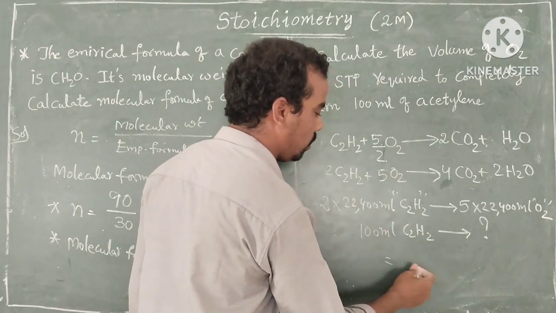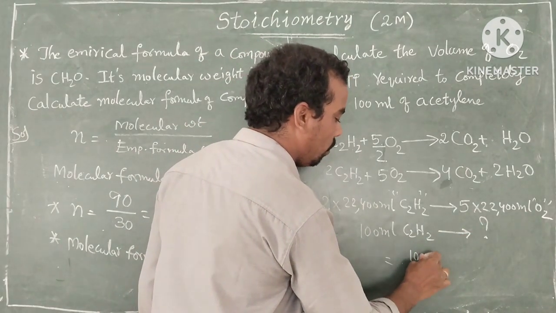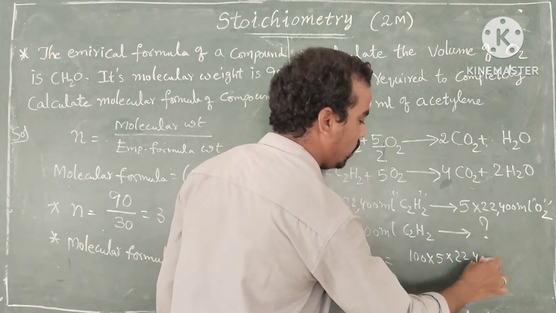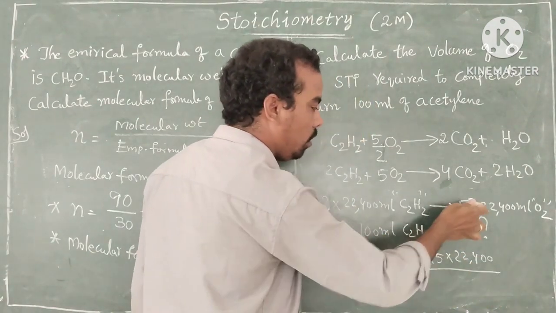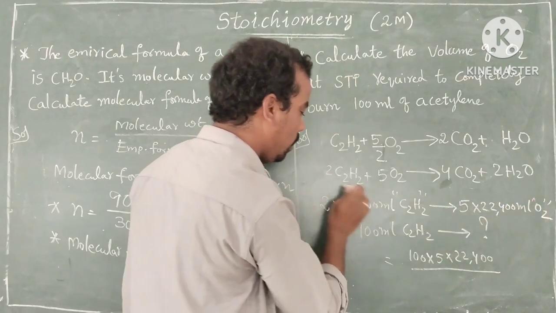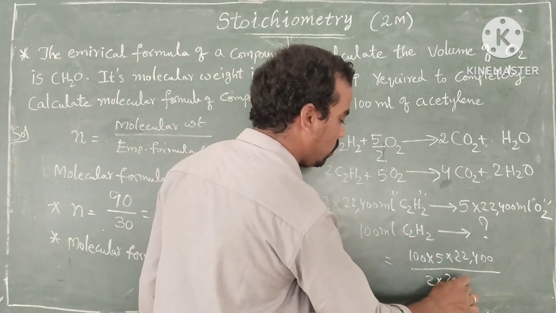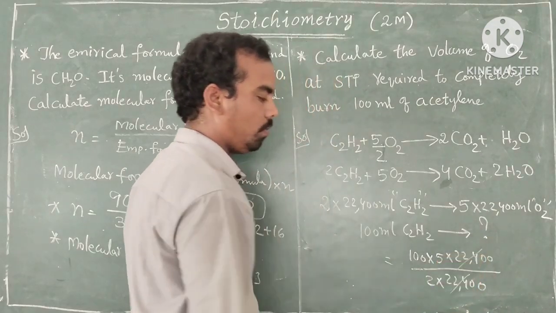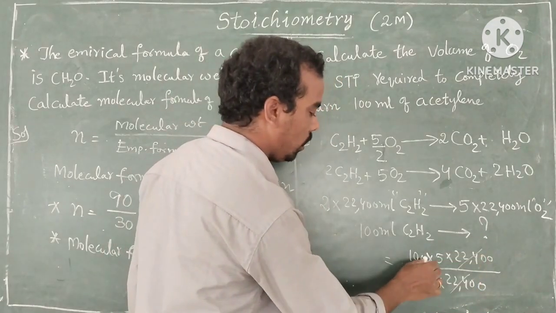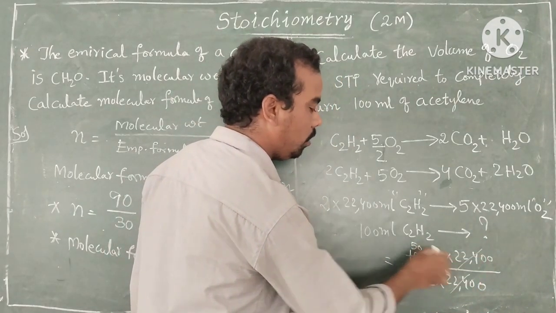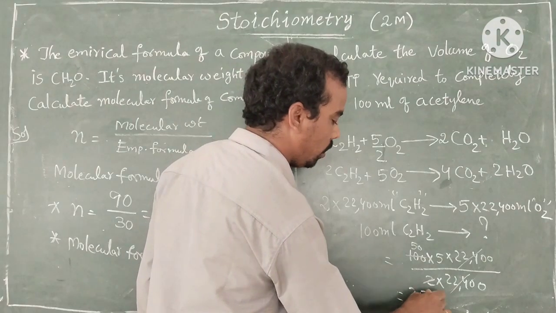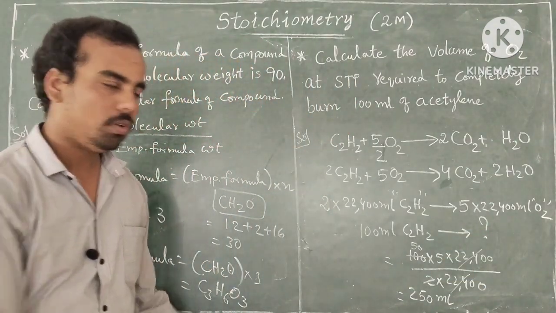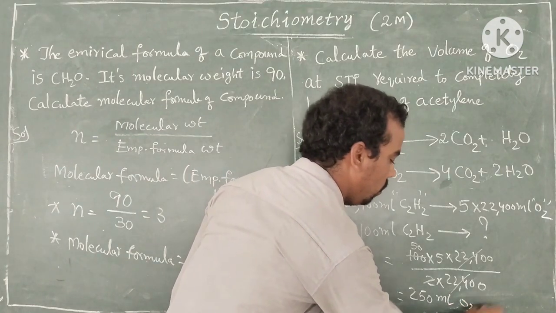Cross multiplication: 100 into 5 into 22,400 by 2 into 22,400. The 22,400 cancels. 2 into 100, 50 times. So 5 into 50 is 250. So the answer is 250 ml of O2 required.